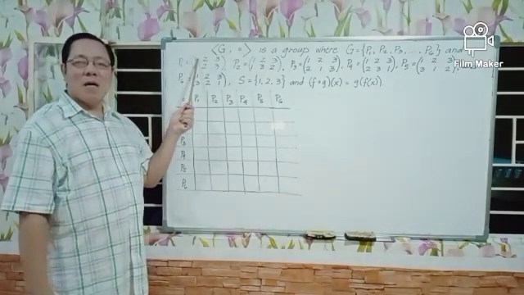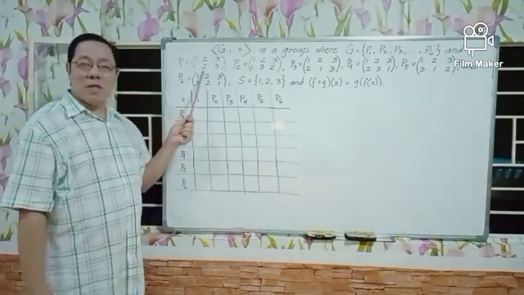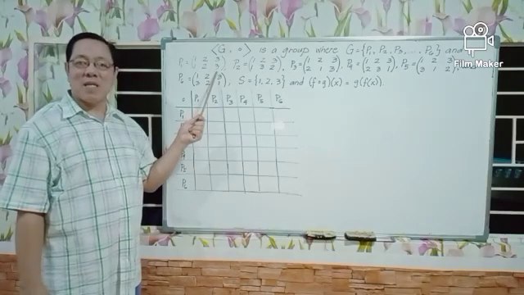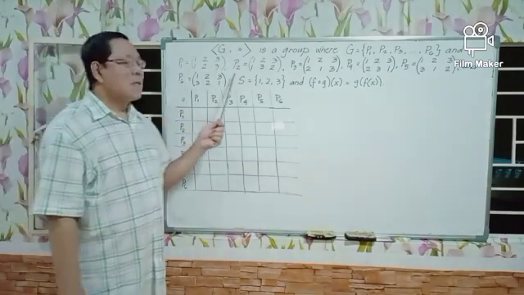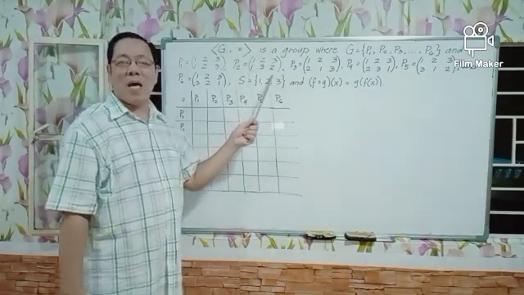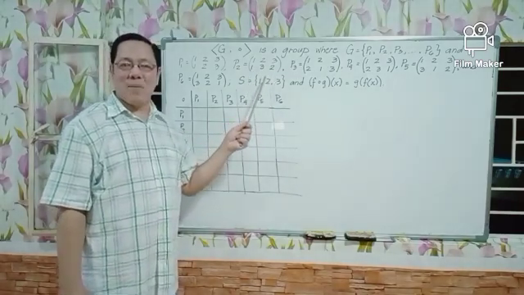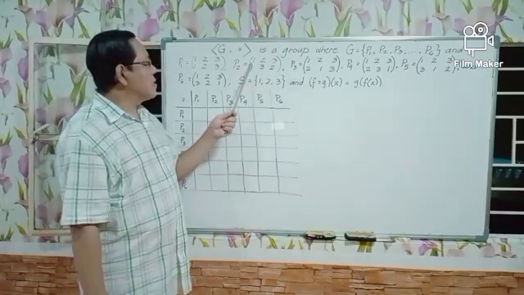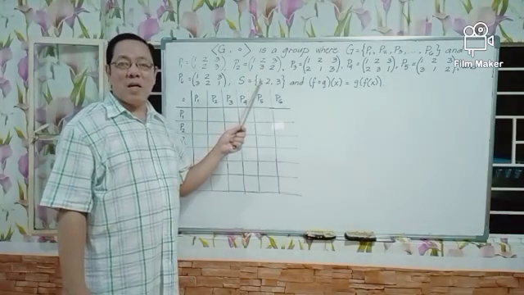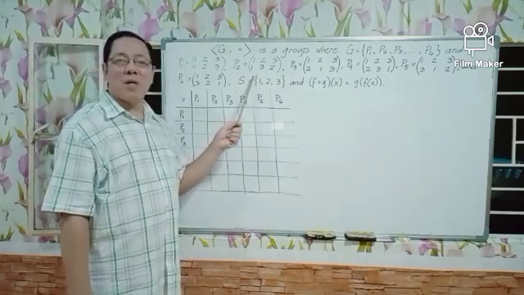So 1 is assigned to 1, or 1 is the image of 1 under the function P1. 2 is the image of 2 under the function P1, and 3 is assigned to itself, 3, under the function P1. P2 we define as the function from set S with numbers 1, 2, 3 to the same set S, but the numbers 1, 2, 3 are now assigned to the numbers in a different permutation of 1, 2, 3, in particular the permutation 1, 3, 2.